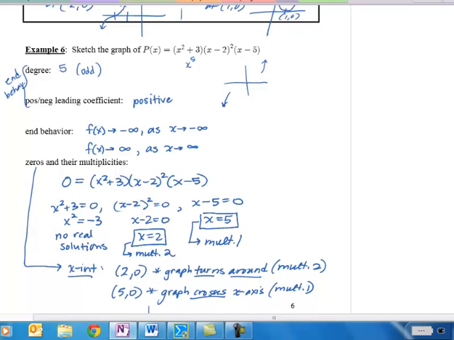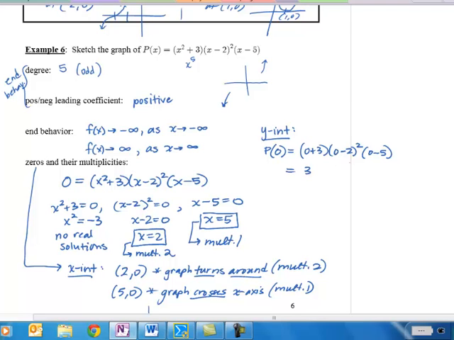We should also maybe just calculate the y-intercept, even though it wasn't asked so far. The y-intercept is putting x equals 0 in. So the polynomial evaluated at x equals 0 would be (0 squared plus 3) times (0 minus 2) squared times (0 minus 5).